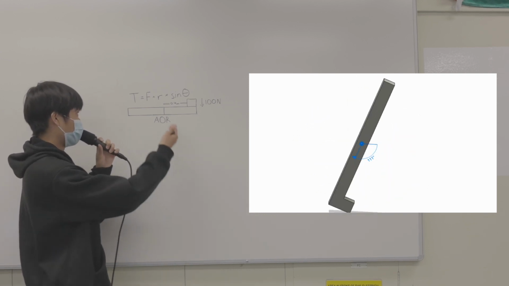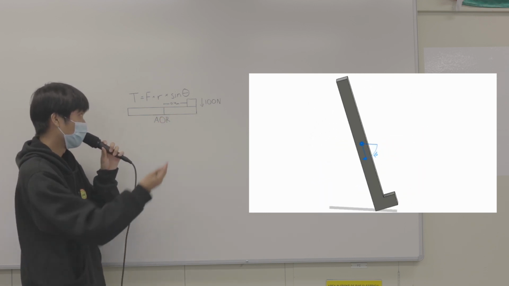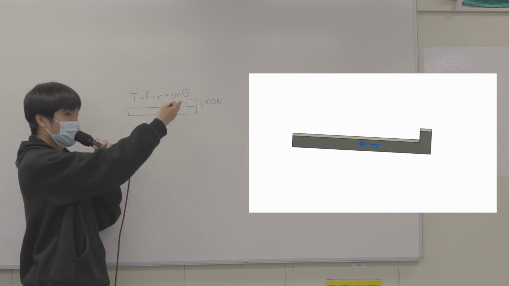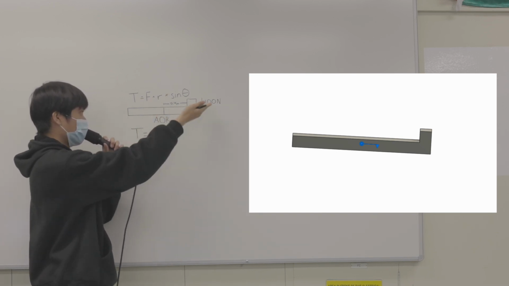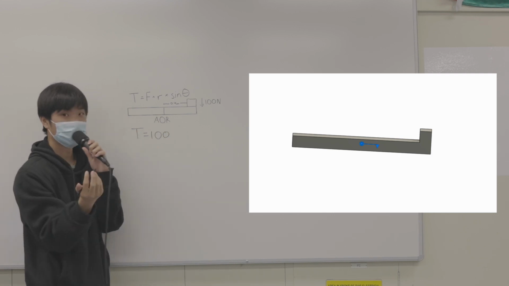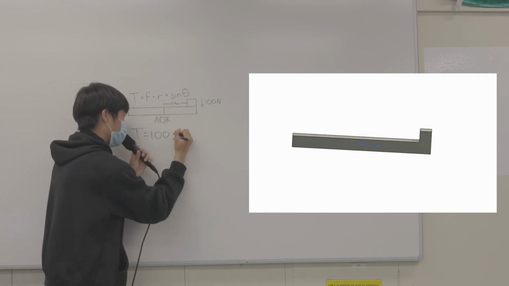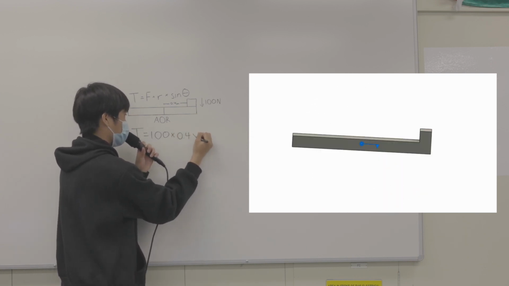First, we see the equation: torque is equal to force times the radius times the sine of the angle. So torque is equal to the force, 100 newtons, times the radius, 0.4 meters, times sine of the angle.